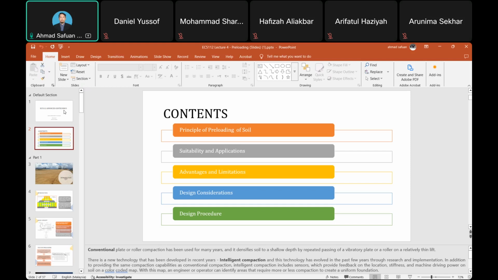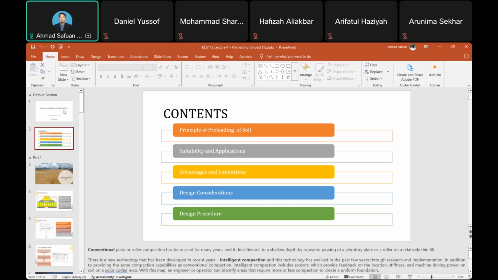I also include several examples to explain preloading, vertical drain, preloading plus vertical drain, and staged construction. For staged construction, I will share with you one example, a little bit complicated in terms of understanding the times of the stage constructions.